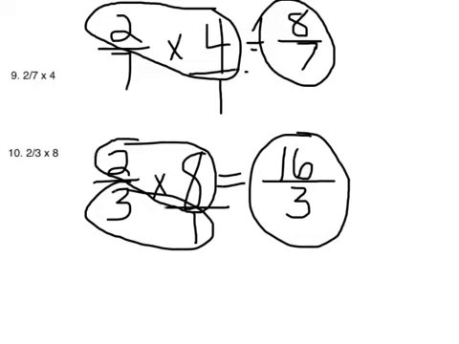So use that strategy. A numerator times the whole number gives you your numerator in your answer. So 2 times 8 is 16, and then just put the denominator of the fraction in your answer, and then you'll be good. So continue to work on that.